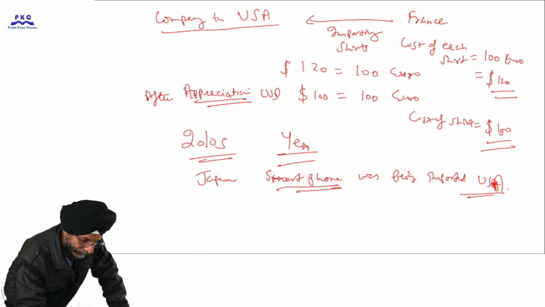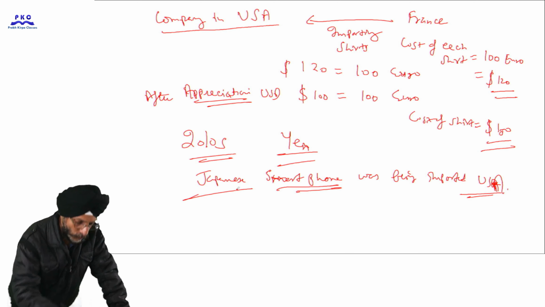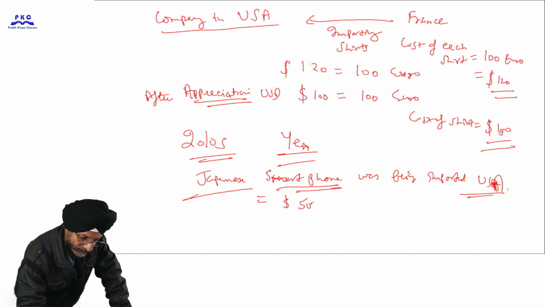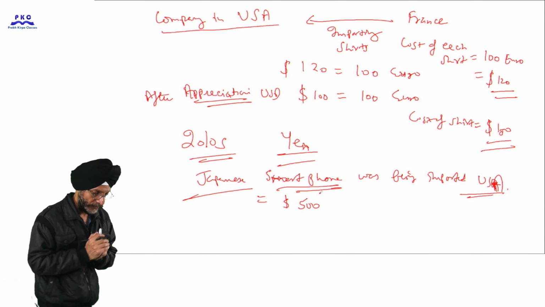Japanese people are importing a smartphone from USA and the cost of one smartphone is 500 US dollars.